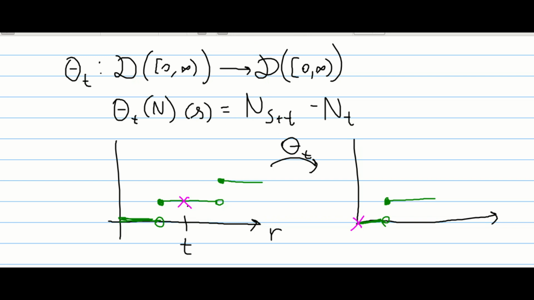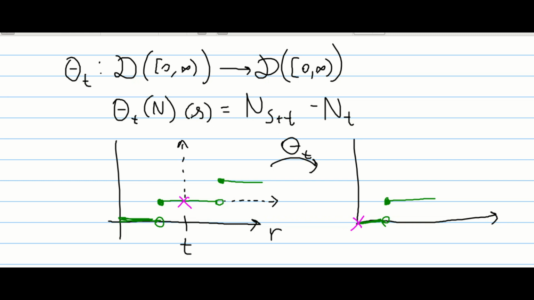So essentially what theta does is it changes the axis to this new set of coordinates. Now we start from t. When s is 0, we are at 0. This is why the purple cross has y coordinate 0.